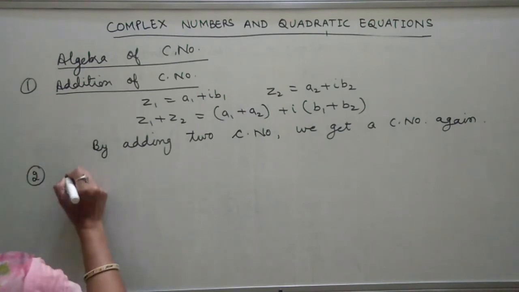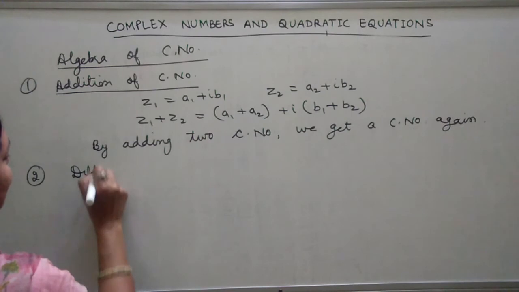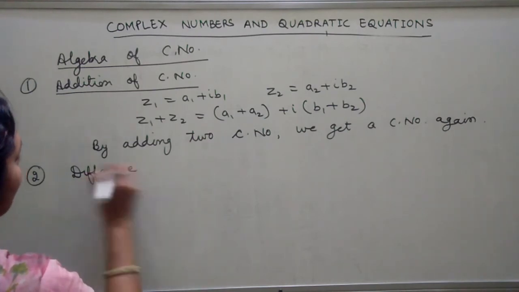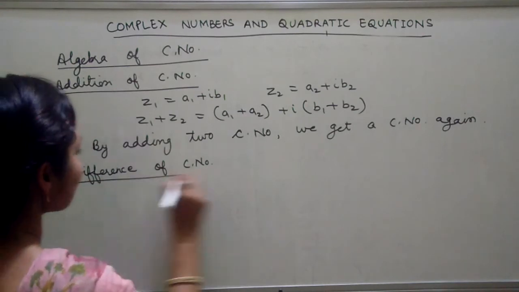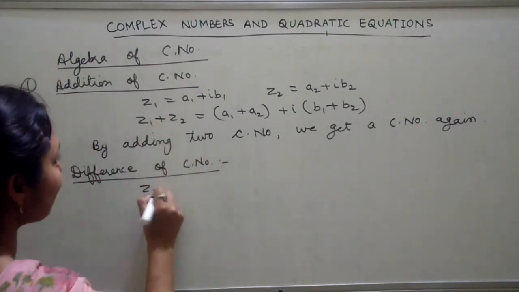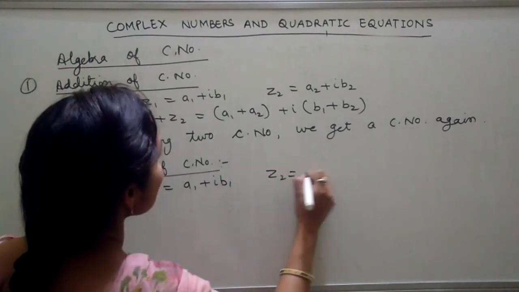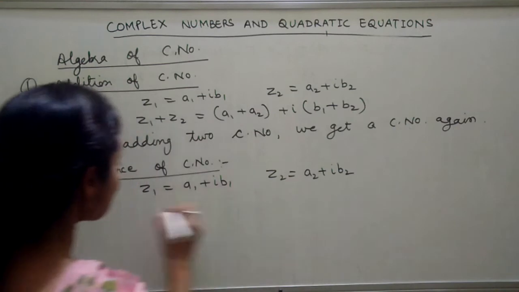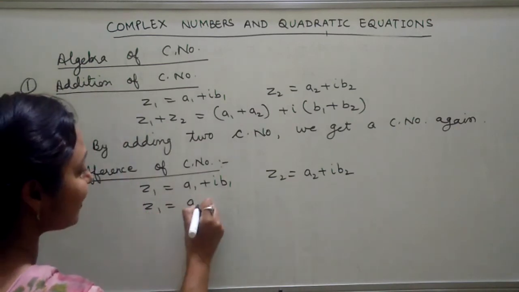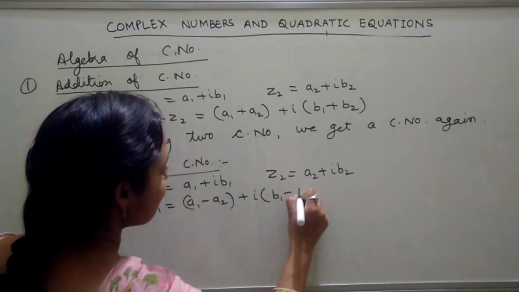Second, how to subtract: difference of complex numbers. Z1 equals a1 plus iota b1, z2 equals a2 plus iota b2. So how to subtract? Real is subtracted from real and imaginary is subtracted from imaginary.